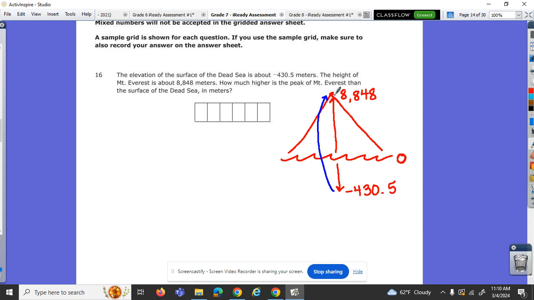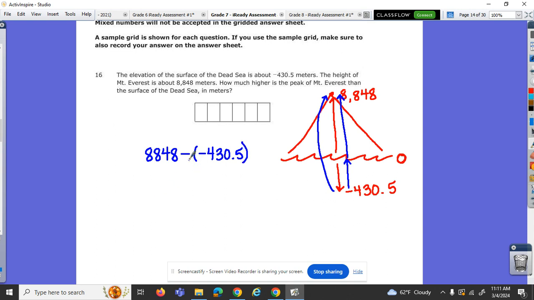So think about what operation you're going to need. There's kind of two ways to think of it. We know that we need to go from here to 0, and then from 0 up. I'm going to write it one more different way as you're thinking about what operation we'll need to do. Because remember, whenever we're getting the difference of a negative, what will we end up having to do?